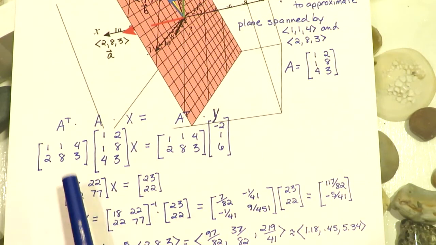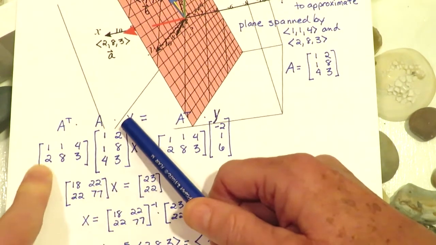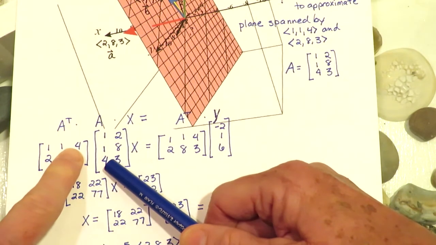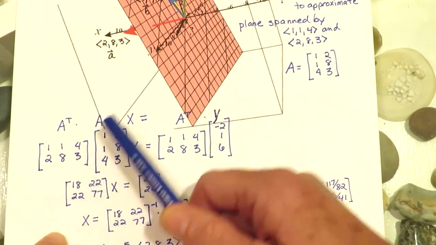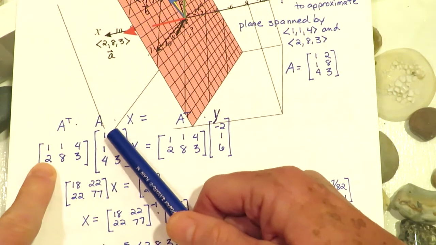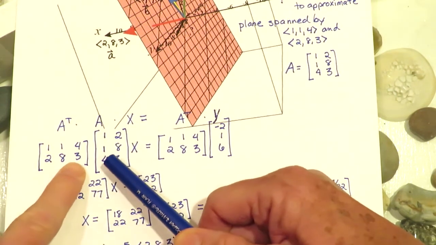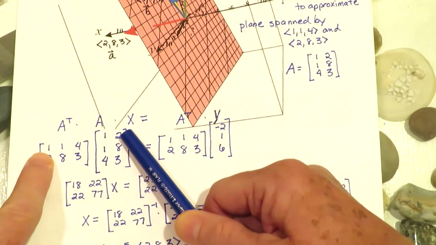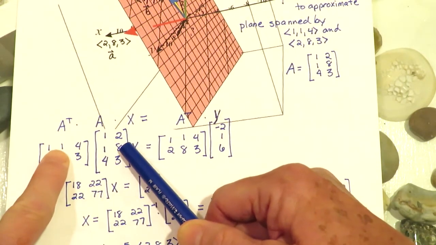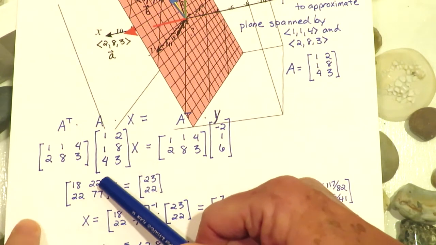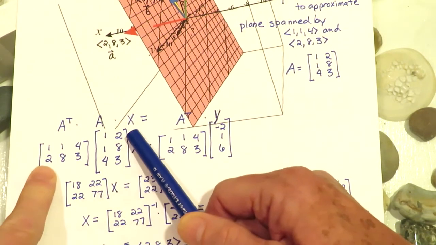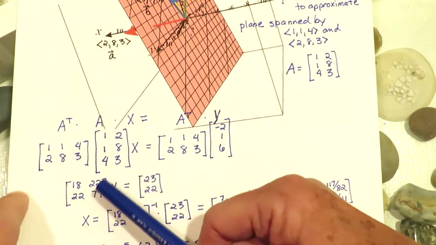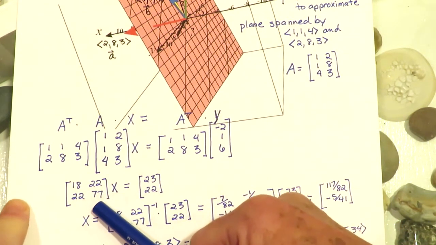In this case, when I multiply these two together, 1 times 1 plus 1 times 1 plus 4 times 4 gives me 18. And then 2 times 1 plus 8 times 1 plus 3 times 4 gives me 22. 1 times 2 plus 1 times 8 plus 4 times 3 also gives me 22. And 2 times 2 plus 8 times 8 plus 3 times 3 gives me 77.